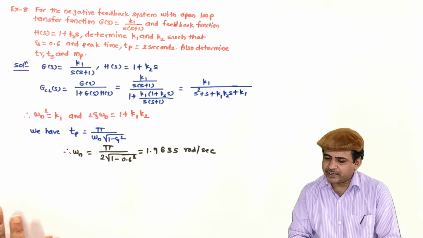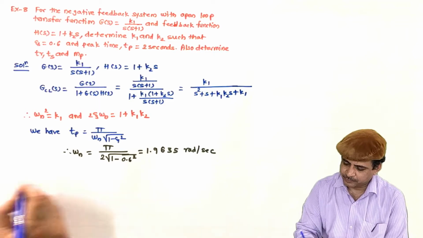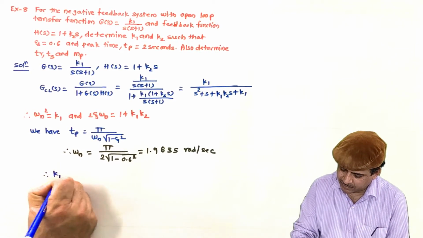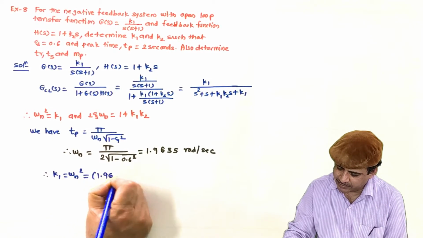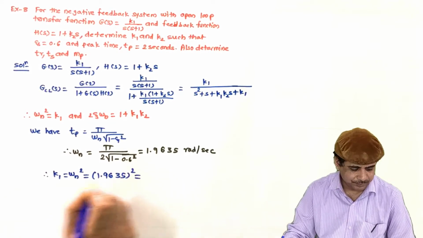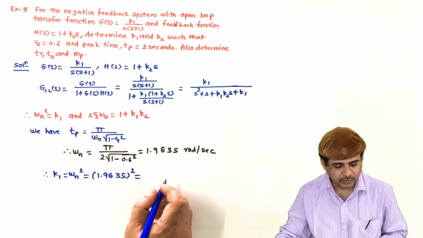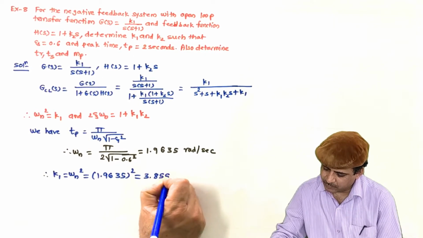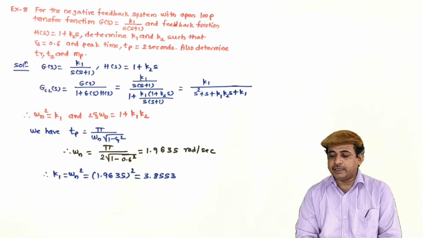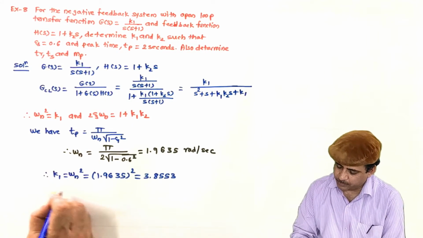So omega n is obtained, zeta is also given. Let us find out K1. K1 is equal to omega n square, that is 1.9635 square, that is equal to 3.8553. And then we have 2 zeta omega n equal to 1 plus K1 K2.